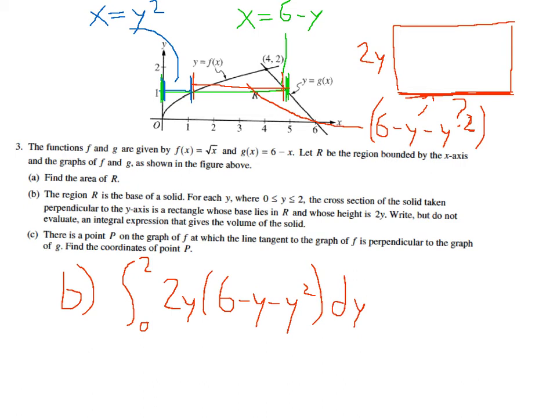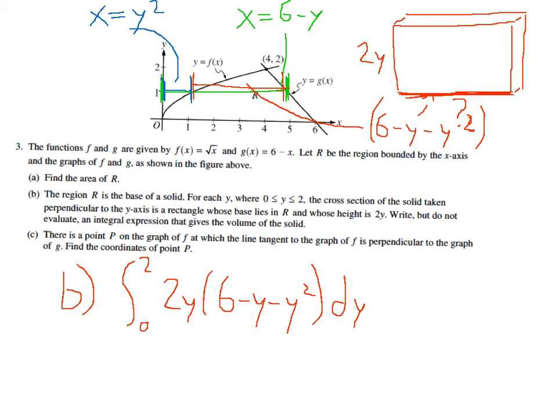The dy is because I'm imagining that this rectangle is a really thin rectangular prism. I'm drawing it way too thick here, but if I draw it infinitely thin, you wouldn't be able to see it. So this is really base times height times width to turn it into a volume.